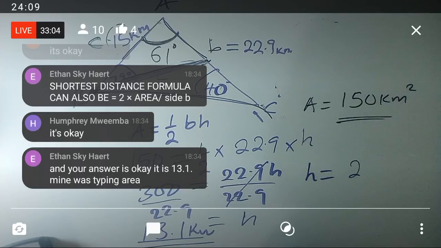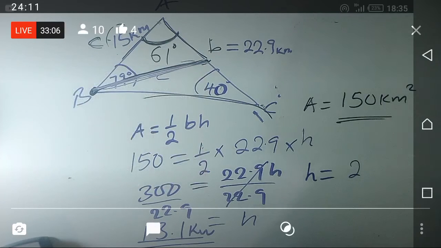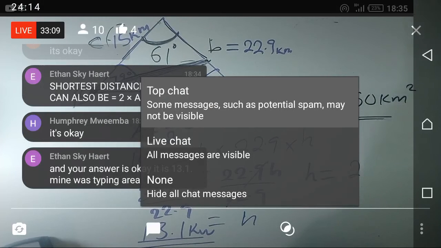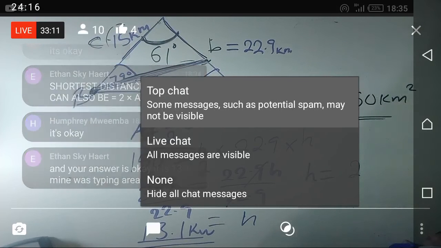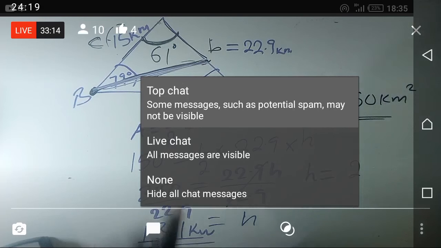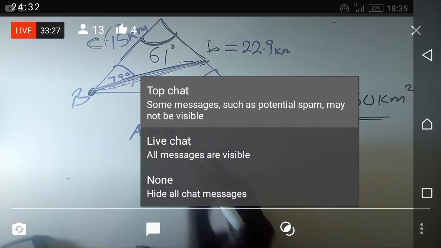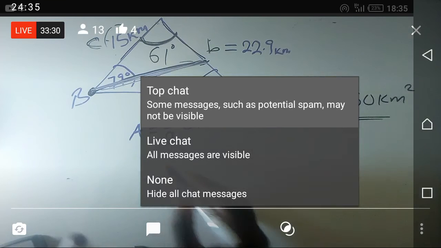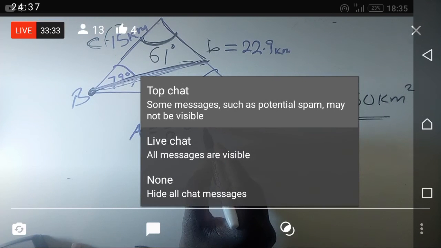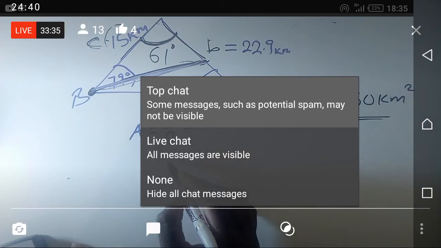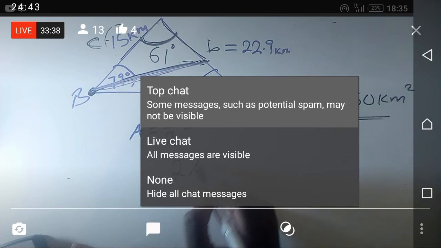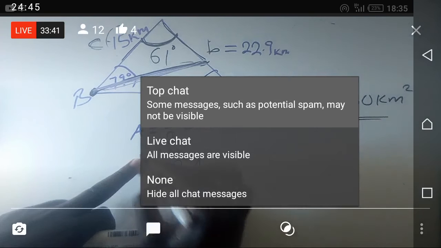My answer is okay, right? Yeah, it's okay. I think the formulas you are using are just okay. Some of you are starting first, you make h the subject of the formula, whereby you are doing something like 2a, you cross multiply, over b is equal to h.